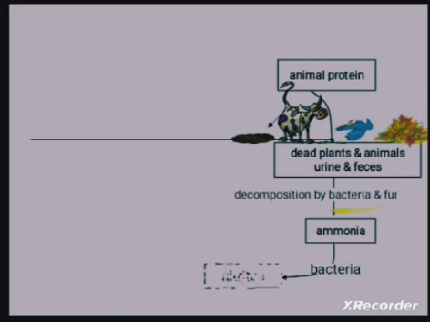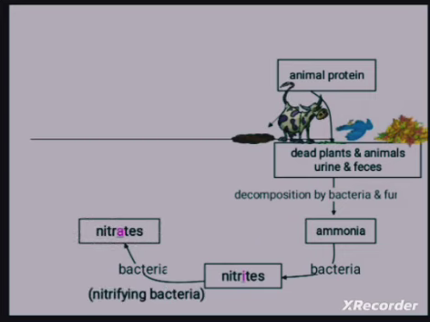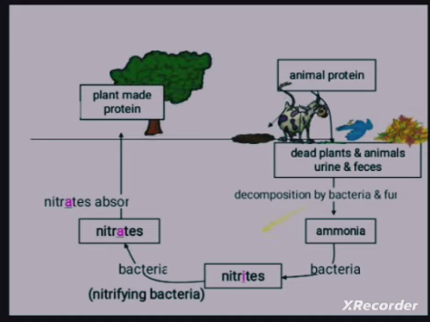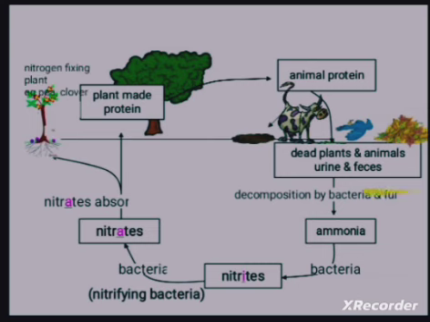After the ammonia is formed, nitrites and nitrates are released by the nitrifying bacteria, which convert the ammonia into nitrites and nitrates. Nitrates are absorbed again, plants make protein using these nitrates and nitrites, and again the plant waste can be decomposed and converted further.